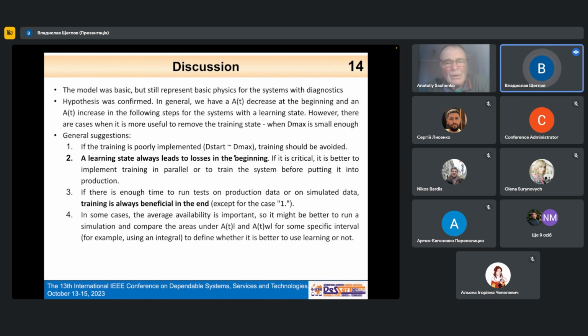For example, when learning is poorly implemented, and because the learning state may move the system to a partially unavailable state, the total profit may be too low for making learning worthwhile.